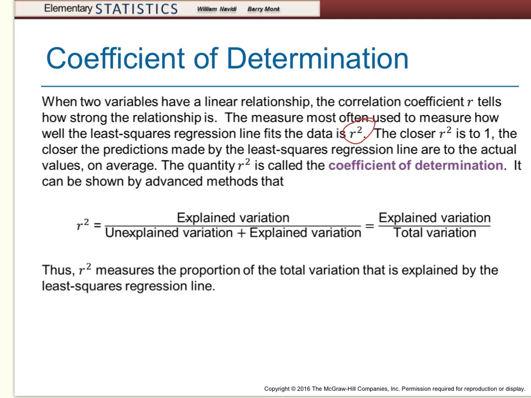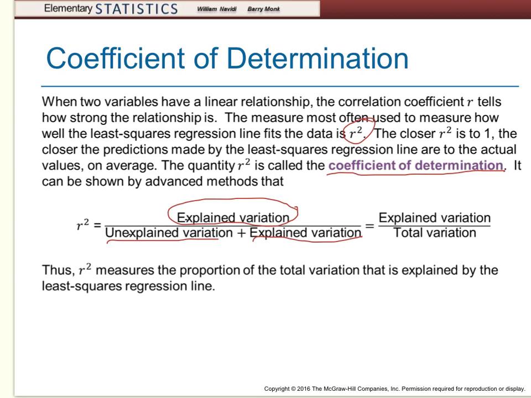The closer r squared is to 1, the closer the predictions made by the least square regression line are to the actual values on average. The quantity r squared is called the coefficient of determination, and it can be shown by advanced methods that r squared is equal to the explained variation divided by the unexplained variation plus the explained variation.